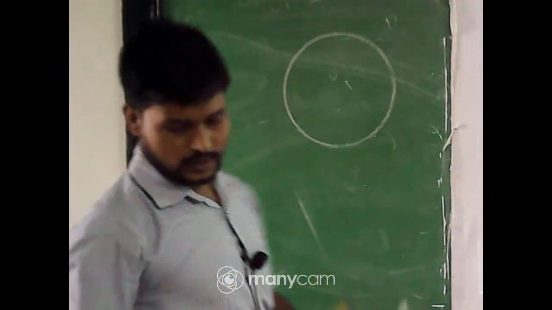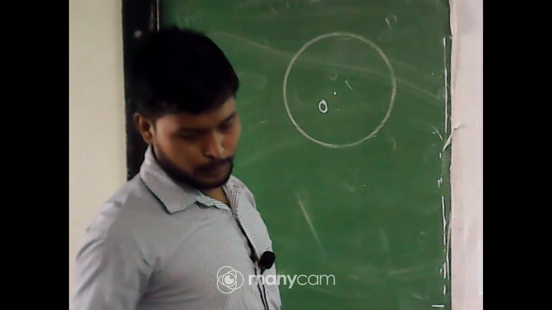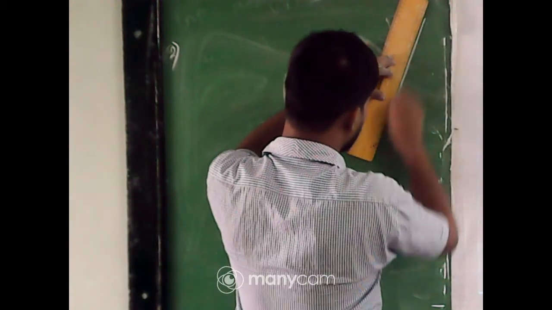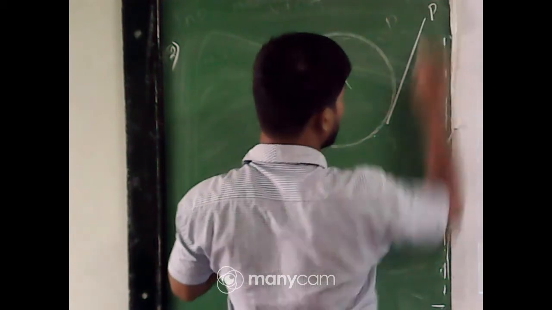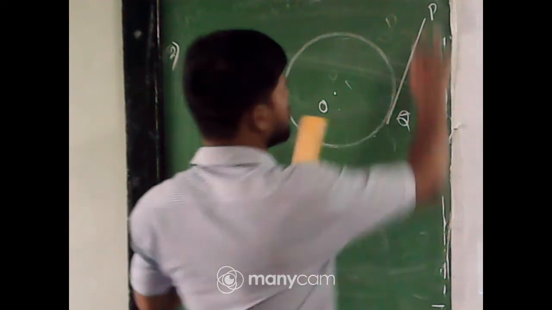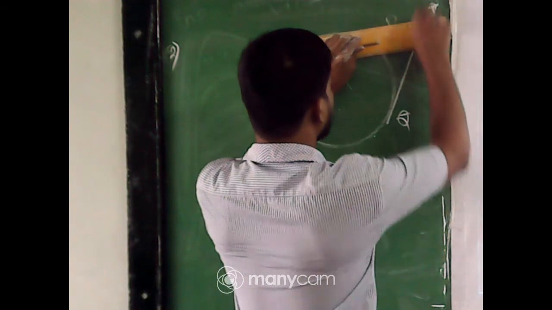This is the circle with center O, and PT and PQ are two tangents. This is our PQ, this is point T, and this is another tangent, PT.